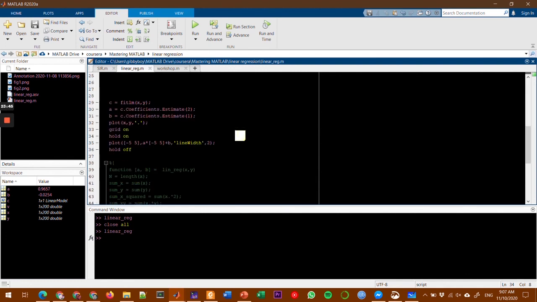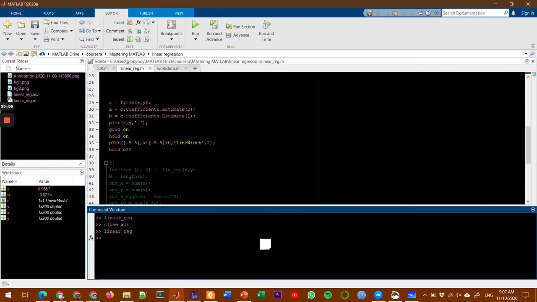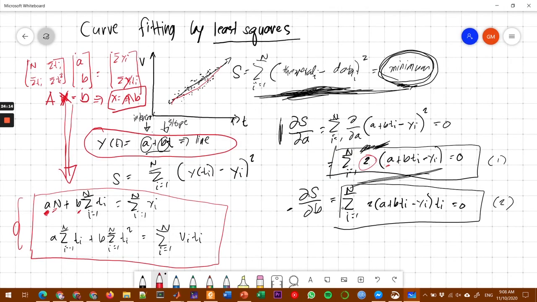So in your future endeavors, there could be a lot of functions you can use to get the fit for any given data. You can do polynomial fit, so you can search in MATLAB the function called polyfit. Instead of a linear fit, it is polynomial. So it extends from a plus bx plus cx squared plus dx cubed and so on.